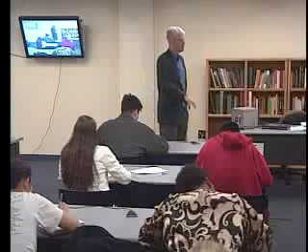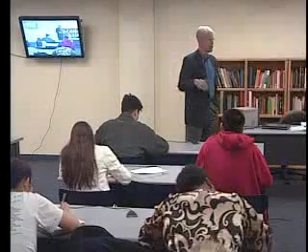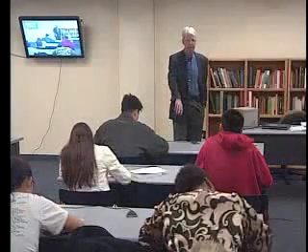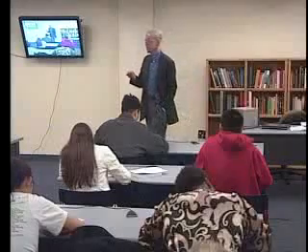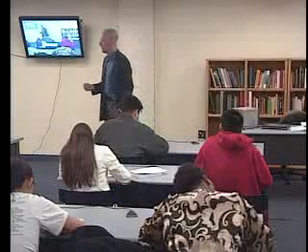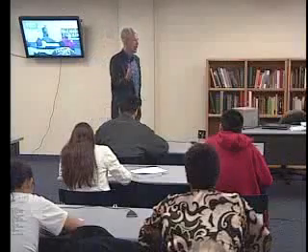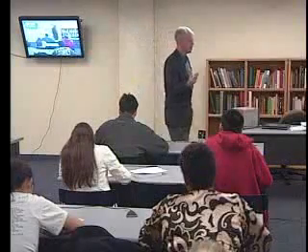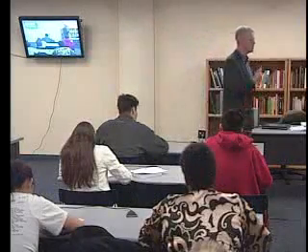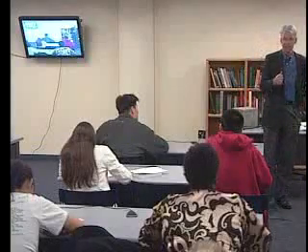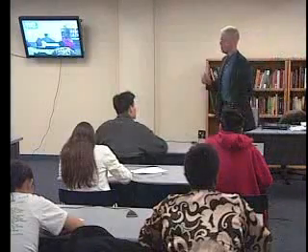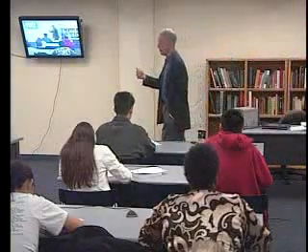That means that any subset of size 6 has the same probability of selection of any other subset of size 6. Any subset of 128 has the same probability of selection as any other subset of 128. What it devolves into is that every individual has the same probability of being selected.